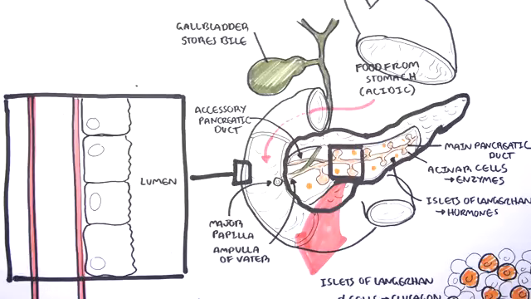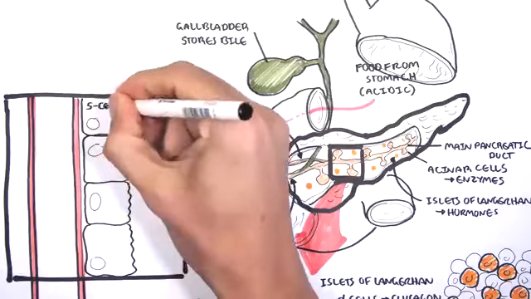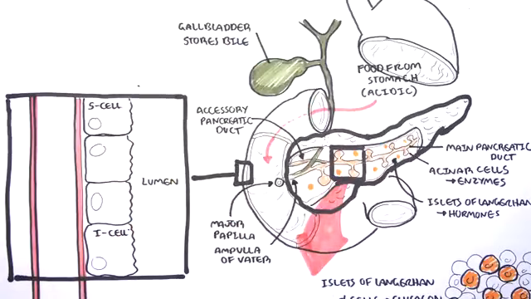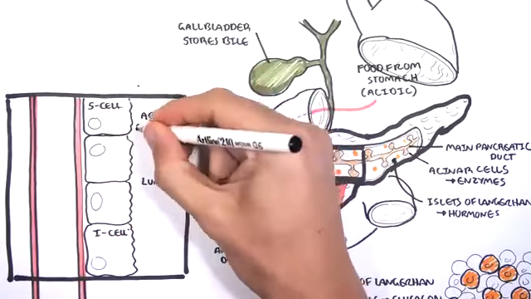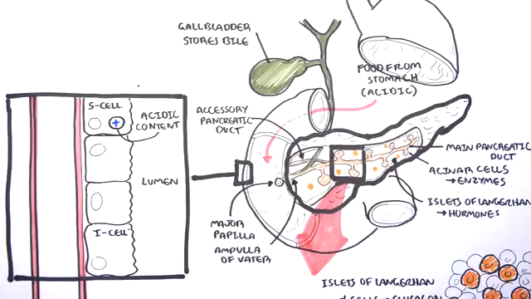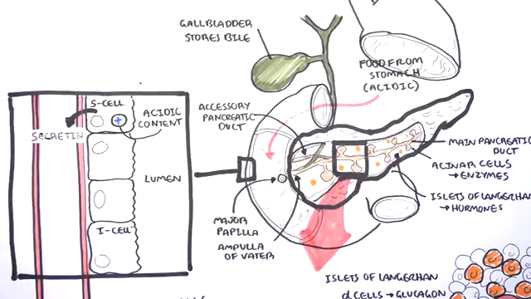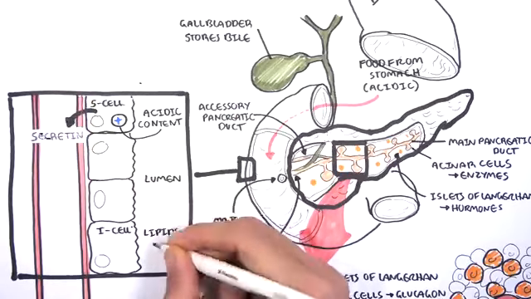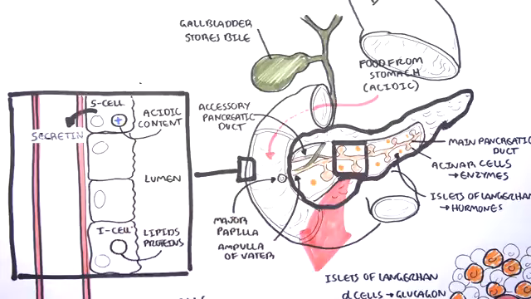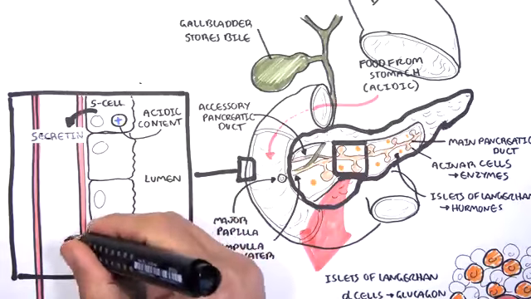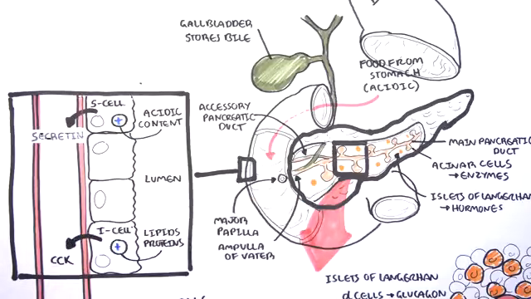You have two important cells in the small intestine, the S cells and the I cells. When acidic food from the stomach arrives in the duodenum, it will stimulate the S cells to produce secretin. Proteins and fats in the small intestine will stimulate the I cells to secrete cholecystokinin, CCK, another important hormone.